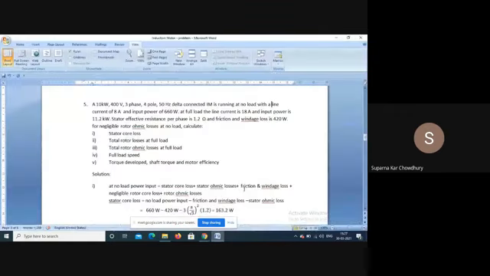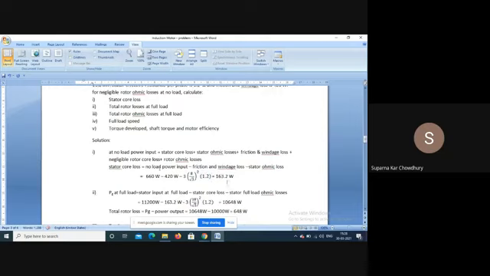At full load, the line current is 18 ampere and input power is 11.2 kilowatt. Stator effective resistance per phase is 1.2 ohm and the friction windage loss is 420 watt. For negligible rotor ohmic loss at no load, calculate the stator core loss, total rotor ohmic losses at full load, torque developed, shaft torque, and motor efficiency.